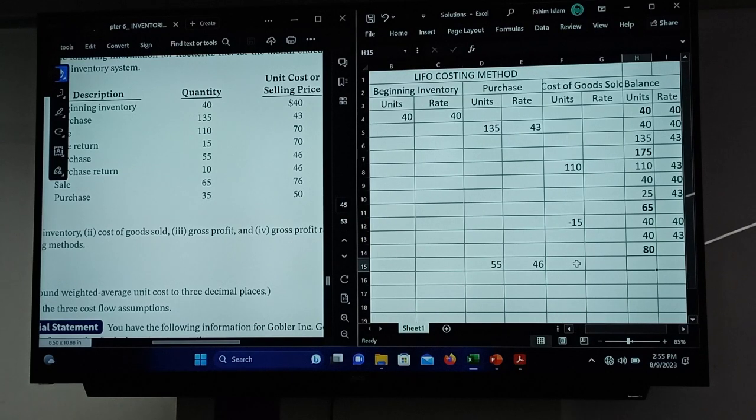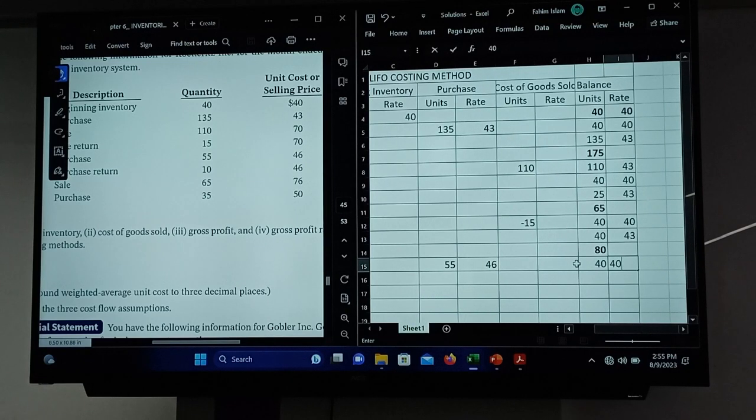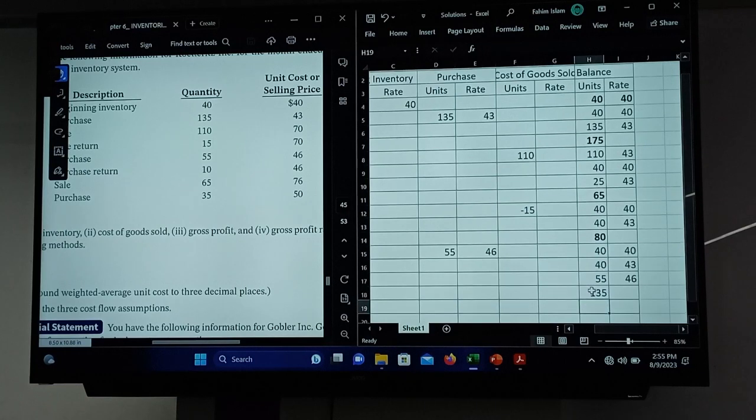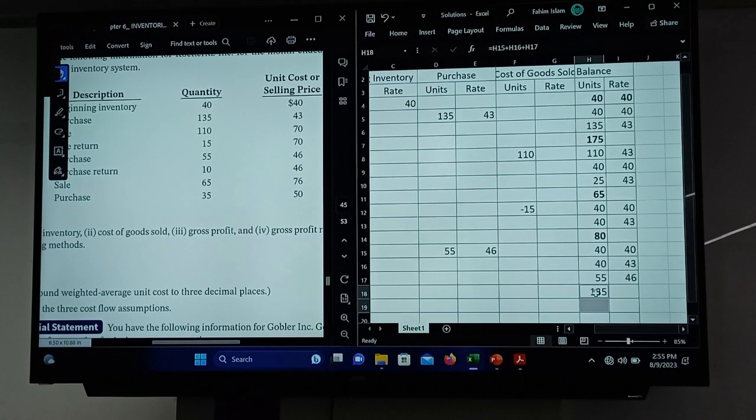Before that, we have to write the 40 at 40. We then also input 40 at 43. And finally, the new one, 55 at 46. So the total amount will be 80 plus 55, so we have 135 units of inventories at hand right now.